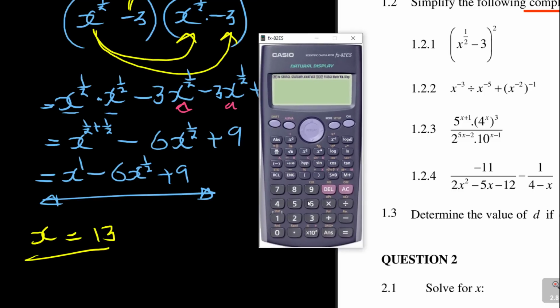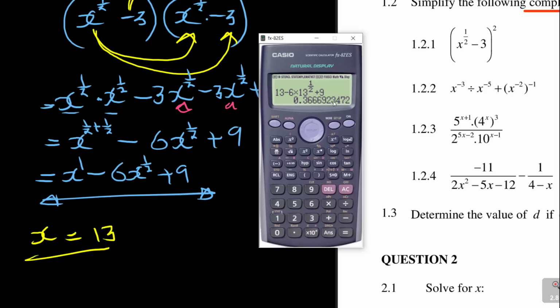Where there is x, you put 13. 13 to the power 1 is the same, minus 6 times 13 to the power of half. Remember, 1 over 2. Are you seeing that? And then I say here plus 9. I get the answer. It's a funny answer, 0.36669.